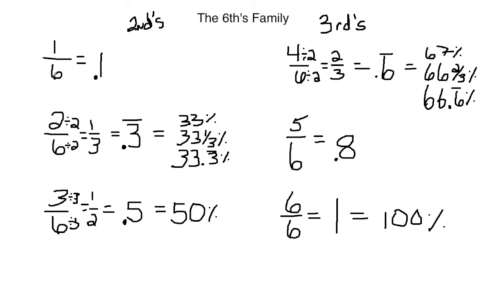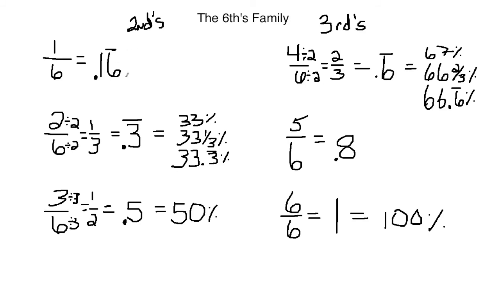Well, look at what's right here. You got a 6 and a fraction bar. Well, guess what? That's what you're going to use. You're going to use the 6 and the repeating bar. So technically, the answer is 16 hundredths with the 6 repeating.